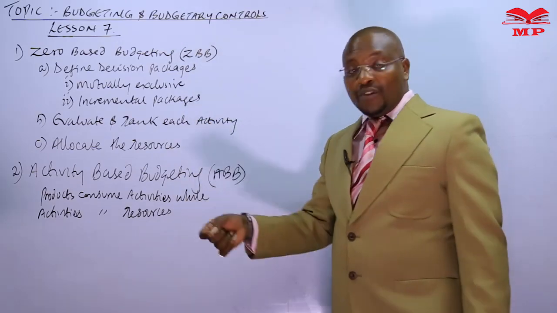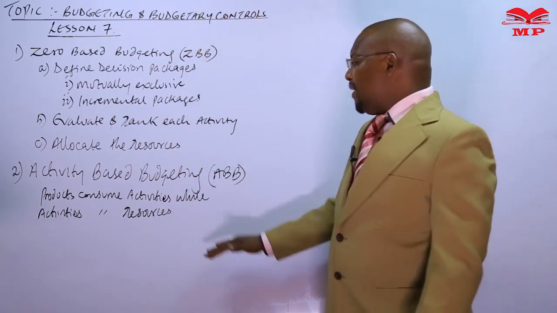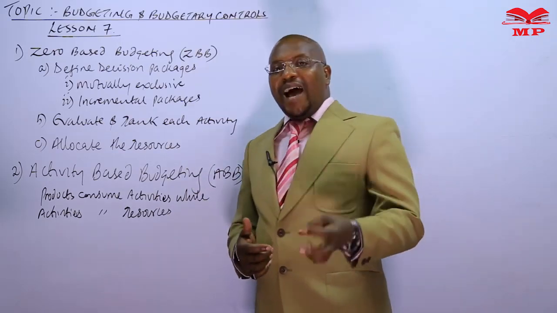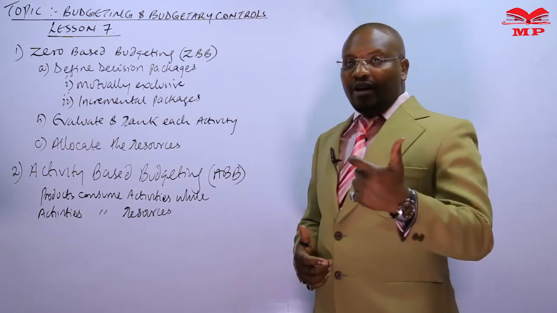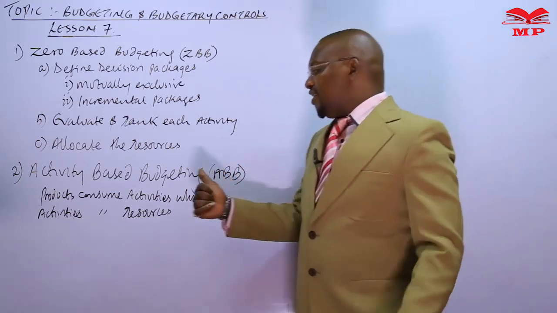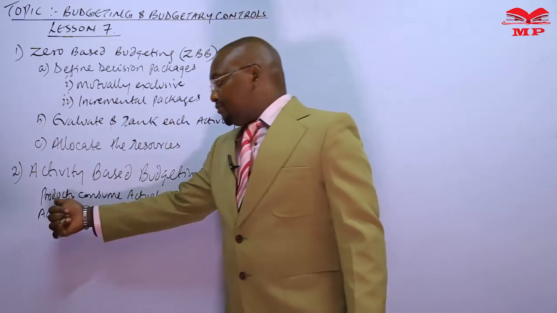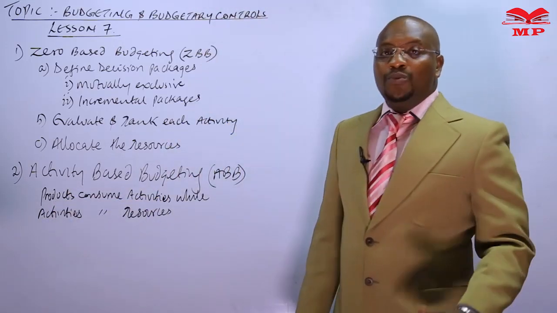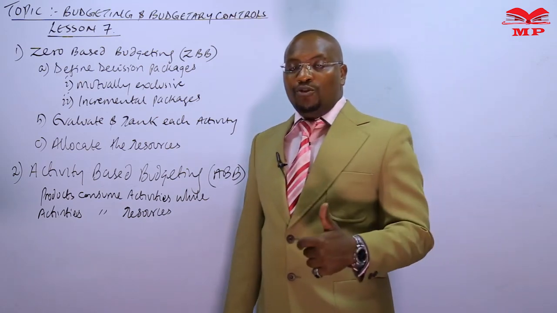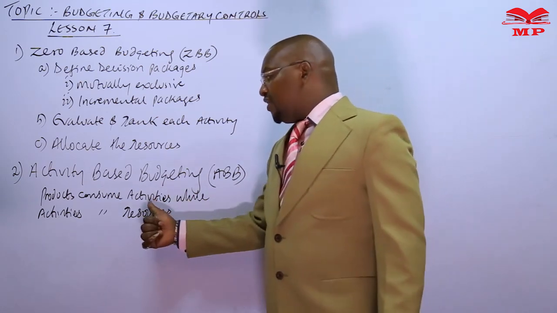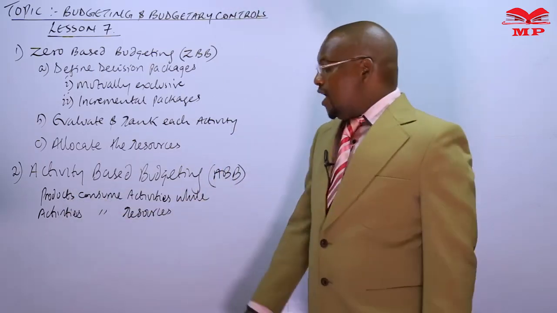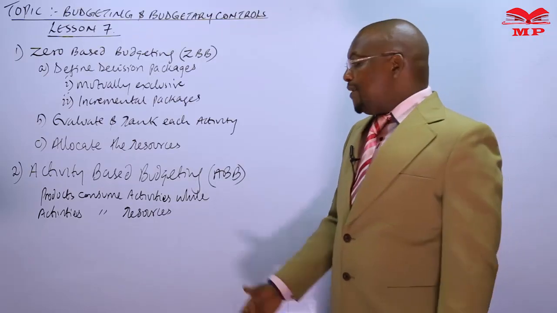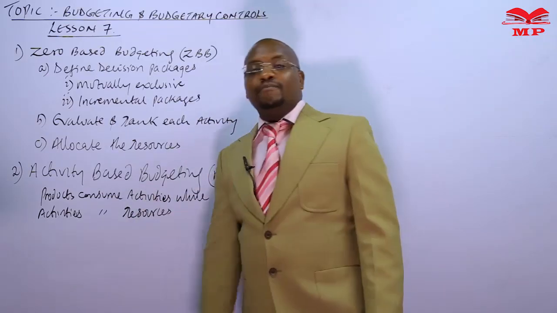We cannot add them. What we normally do is that after coming up with the ABB, we now use what we call the ABC, activity-based costing, as a system of charging the cost to the products using the cost drivers, which are the activities. So that means we are able now to add the money value for every activity and for the product. We can say, product A, this is the total cost, and those costs have been absorbed using the cost drivers.